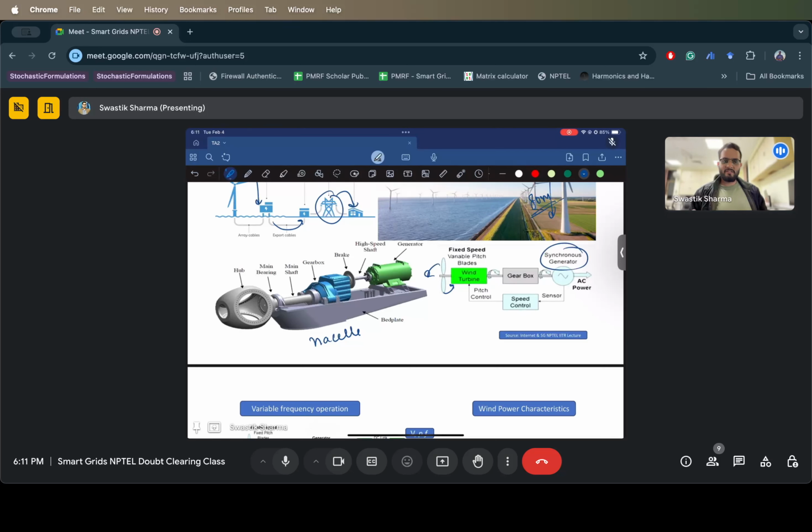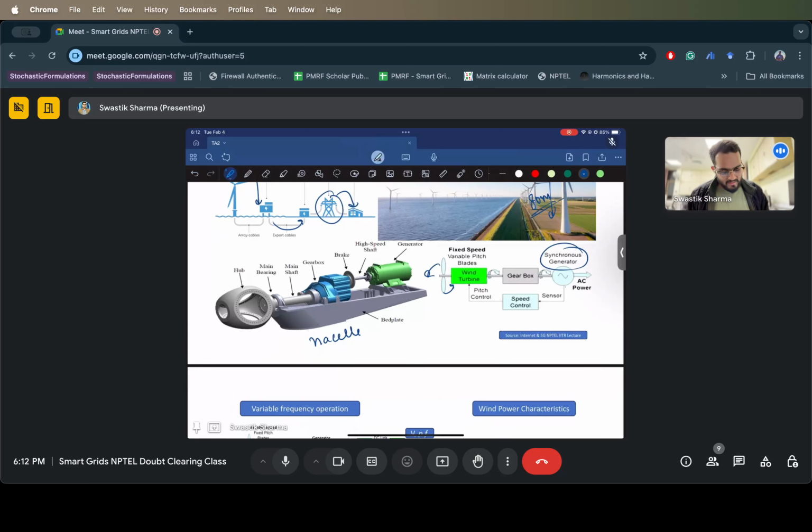This synchronous generator generates AC power, right? And now you want the frequency to be the same. So if the wind speed increases, the turbine rotation will increase. If the turbine rotation increases, the chances of the frequency being affected because of the synchronous generator increase, right? So you want to control that speed.